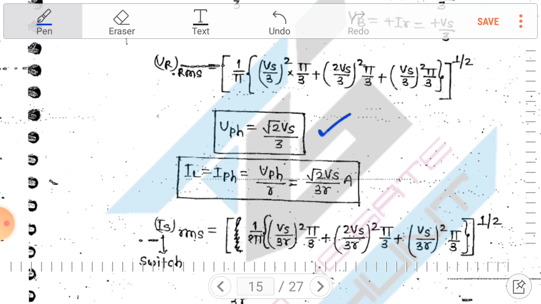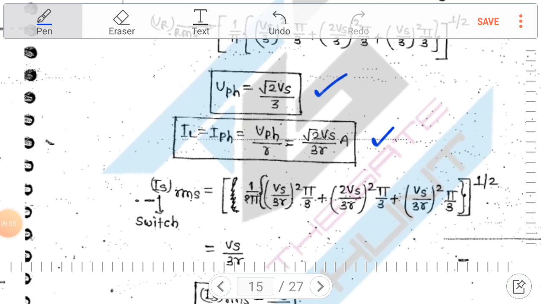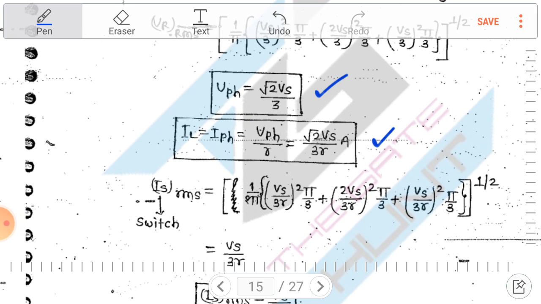Line current and phase current are the same as in star, so phase current or line current is equal to V phase by R, or root 2 Vs by 3R. For the source at the DC side, the negative cycle is clipped at the source end, so the time period here is taken as 1 by 2 pi, and other parameters remain the same.